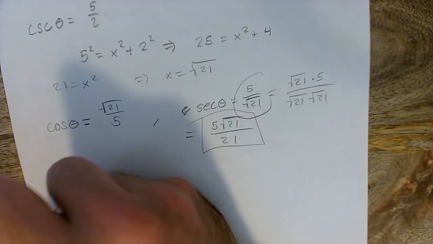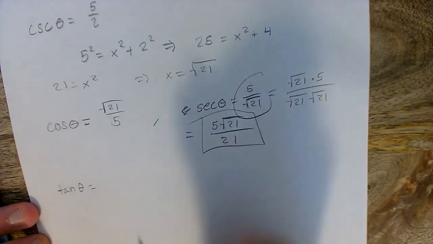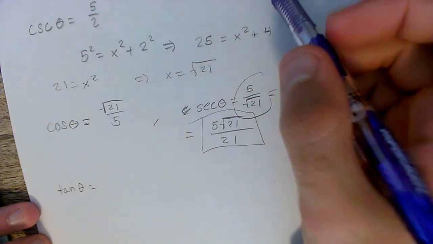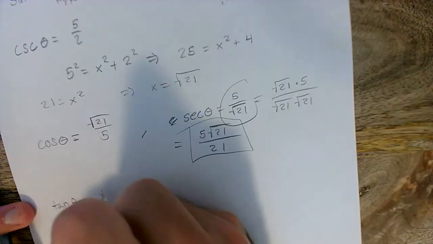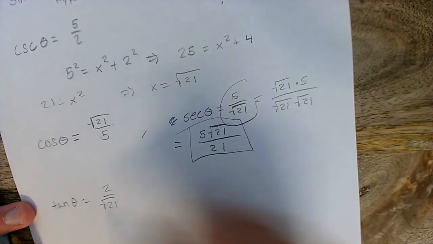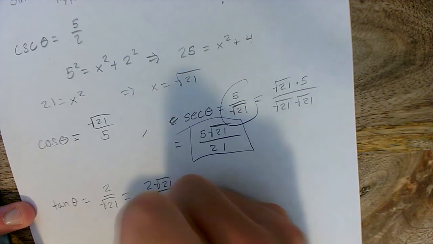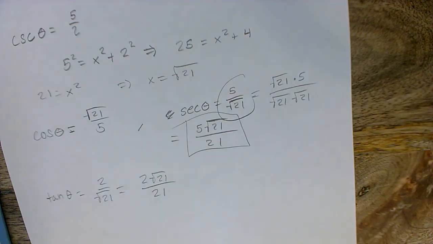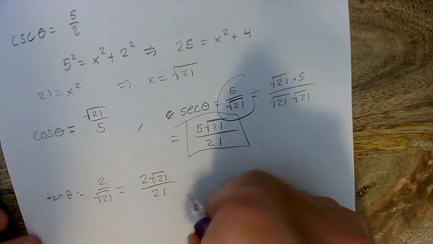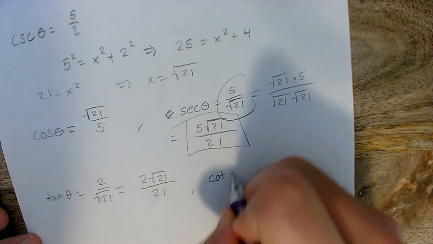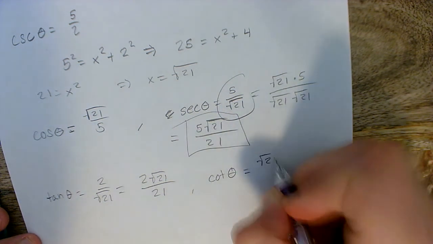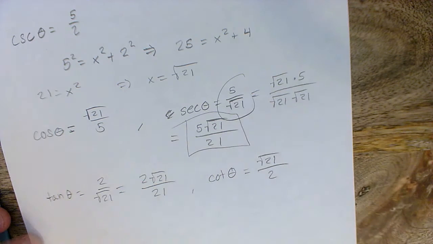Okay, so then tangent of theta is opposite over adjacent. So 2 over the square root of 21, and by the same process, this is equal to 2 root 21 over 21. And then cotangent of theta would just be the square root of 21 over 2, since it's the reciprocal.